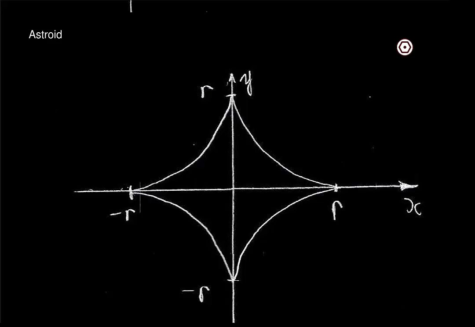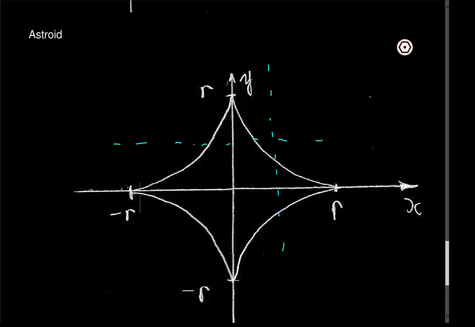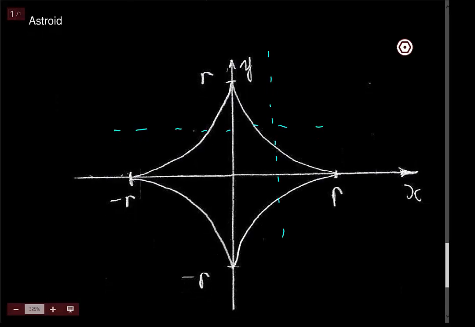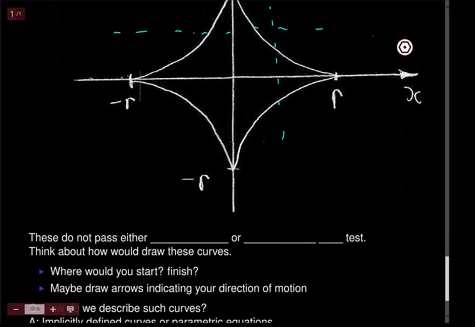But once again, if we draw any line, it's not going to pass the vertical line test nor the horizontal line test. So it's not a function. Again, one could see it could be two functions, one for the upper part and one for the lower part. So it is possible to describe these ones as two functions.